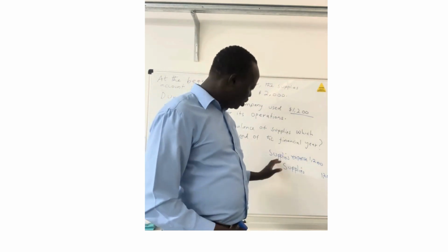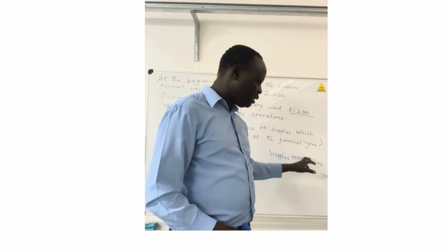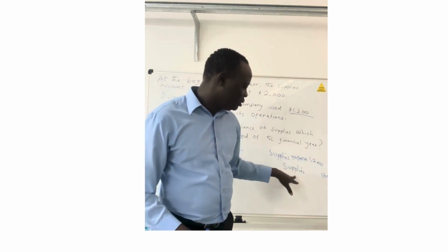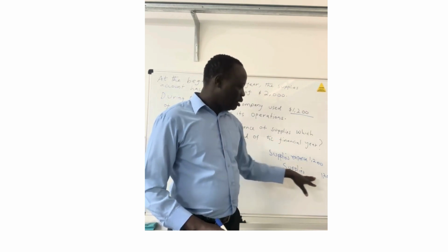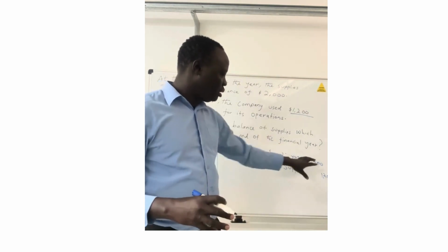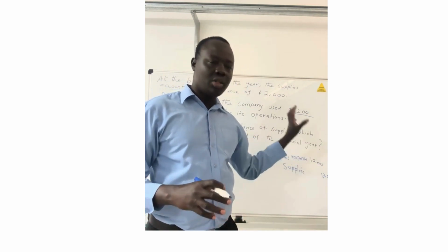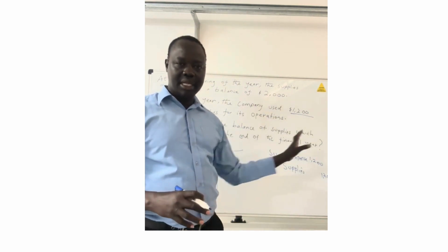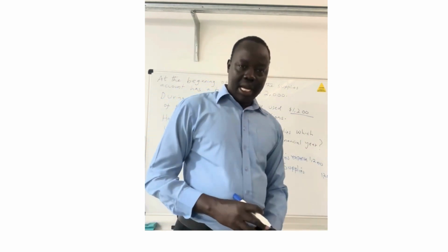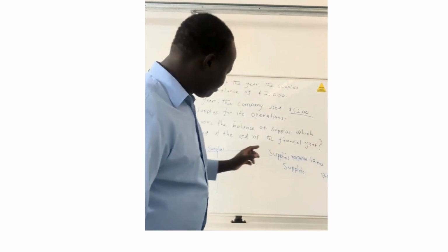For this case, we have supplies expense, $1,200, and on the credit side, you have supplies, $1,200. We have $1,200 on the debit side, and that equals what we have on the credit side. So that accounting equation is balanced.